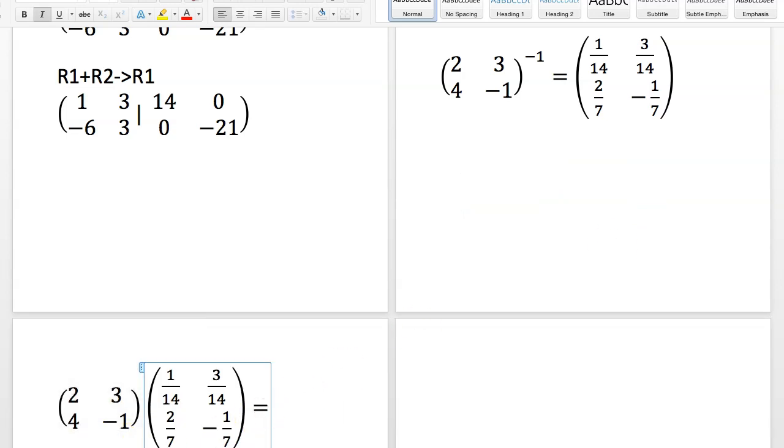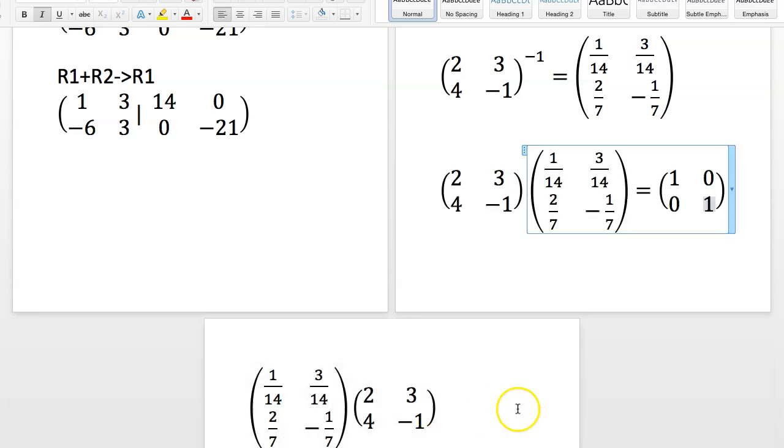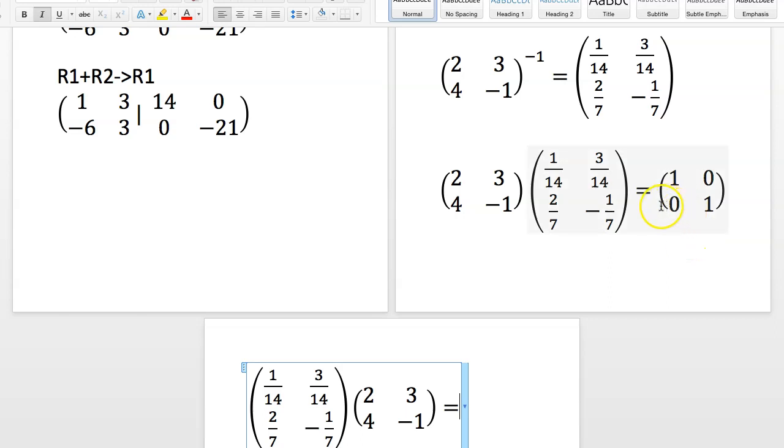But I claim that I'll get 1001 down here too. I can't get any room, and likewise I should get the same thing here too. I'll let you guys fill it in. Convince yourself that I get the same thing here too.